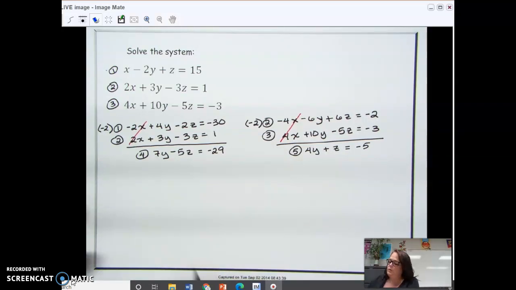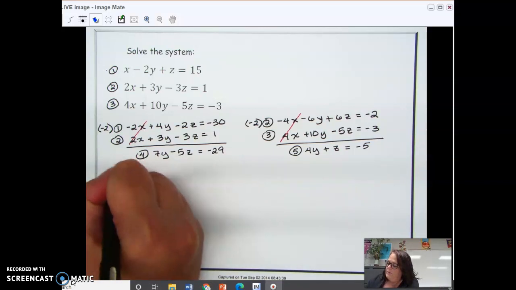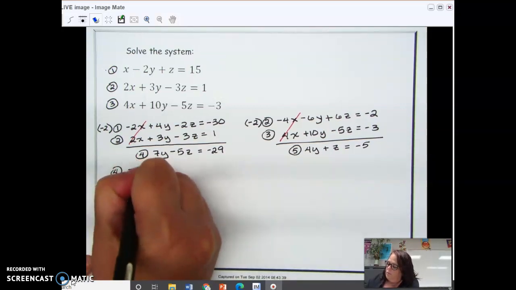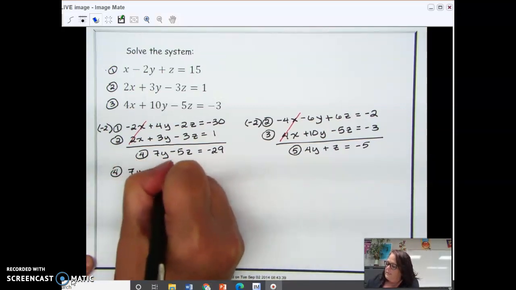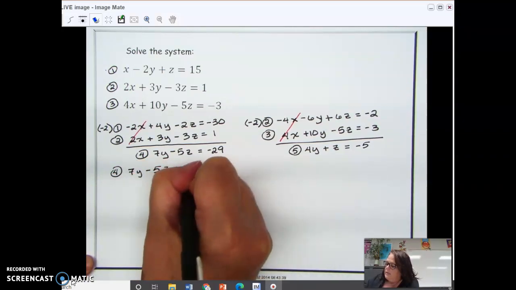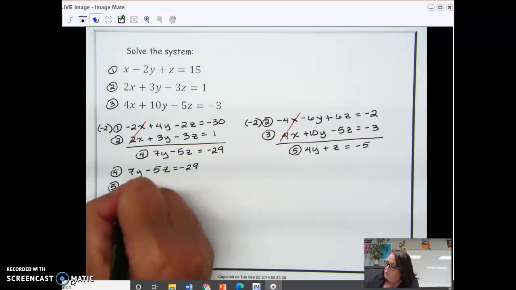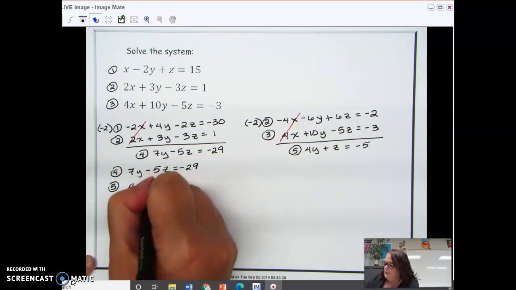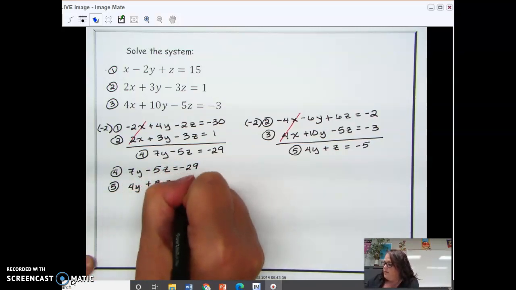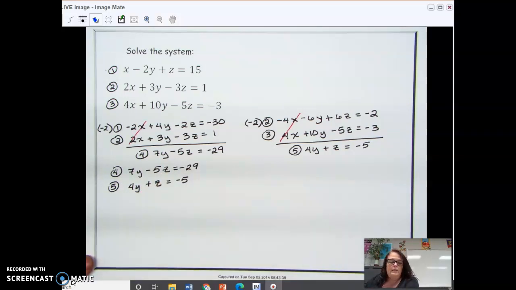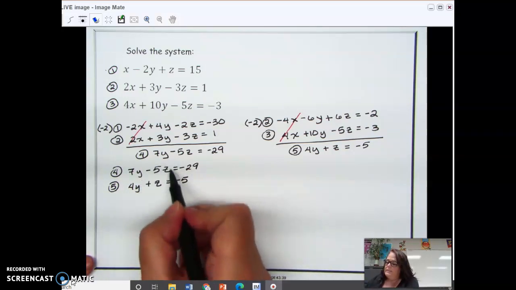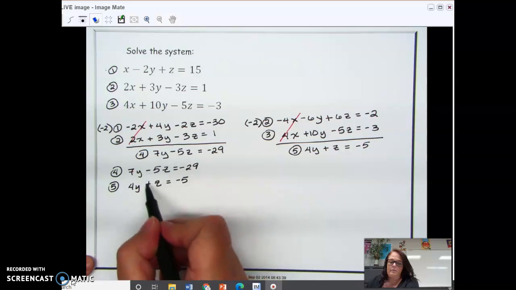I have 2 new equations. So I'm going to go ahead and stack them. So I've got equation number 4, which is 7y minus 5z is equal to -29. And then I have equation number 5, which is 4y plus z is equal to -5. And so what I'm going to do is maybe cancel out the z because we need to eliminate a second variable.